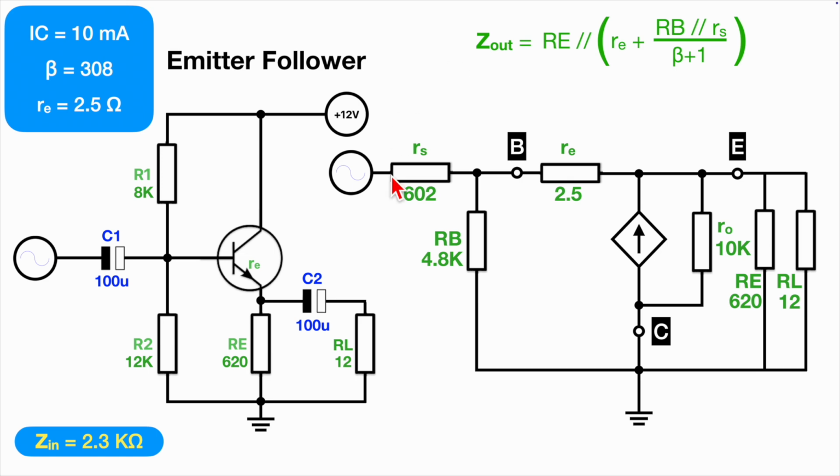So that means this value that we're going to calculate is going to be very low and almost certainly much lower than anything we're going to hang on it. So actually it will be the defining resistance rather than the load.